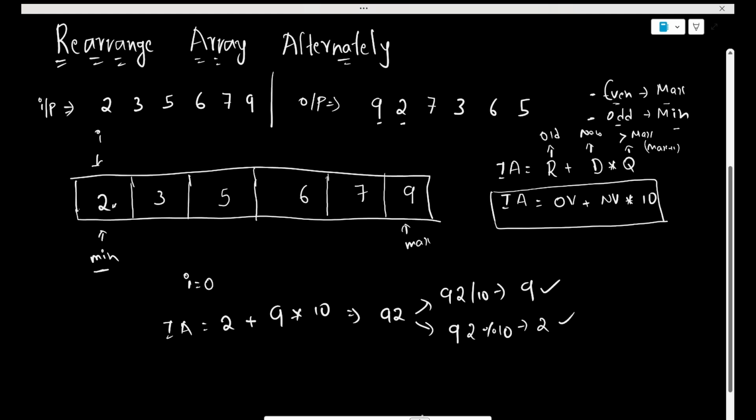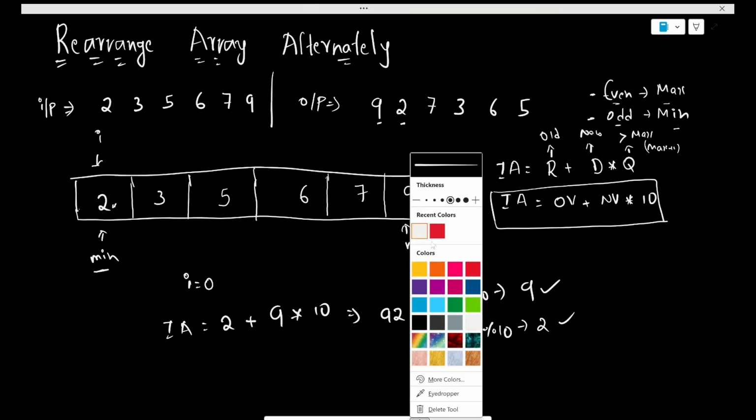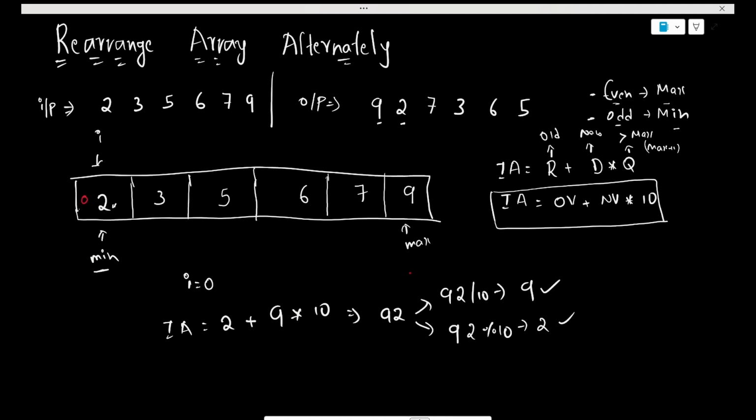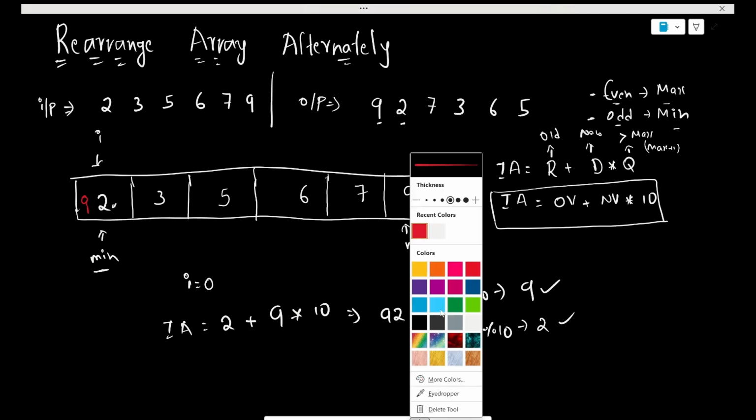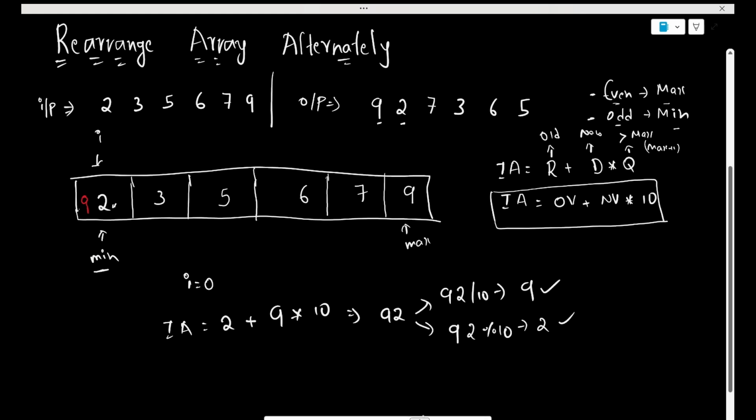After that, we need to update the intermediate answer in that I location. So let's update it. The intermediate answer is 92. Right, completed. Next, update I. I is updated, and we have taken the max, so update max.